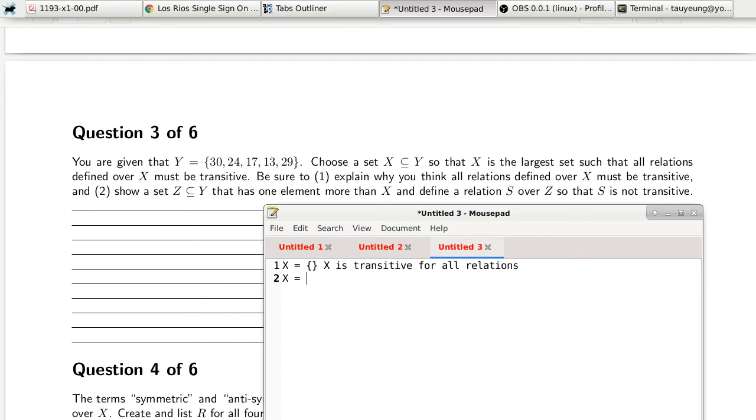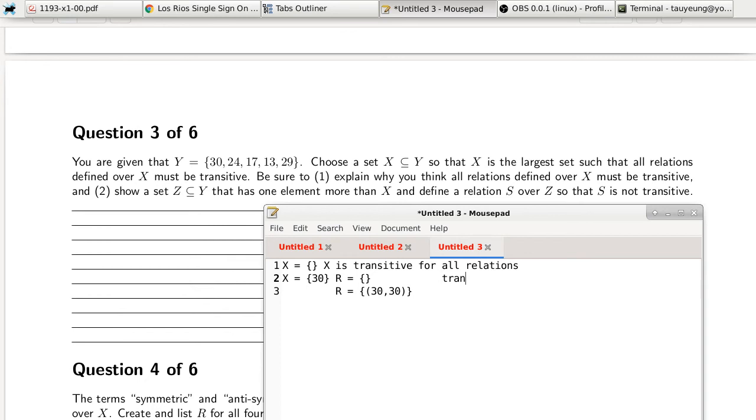Now you look at, what if X has one single element? Well, in that case, all relations for this particular X have to be transitive too, because how many relations can you make out of this? Let's try to find out. R can be empty, and since you only have one element, R can also have 30 relating to 30, and that's it.